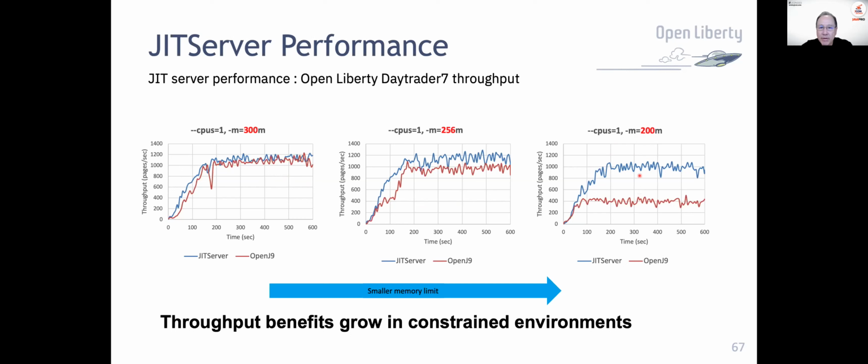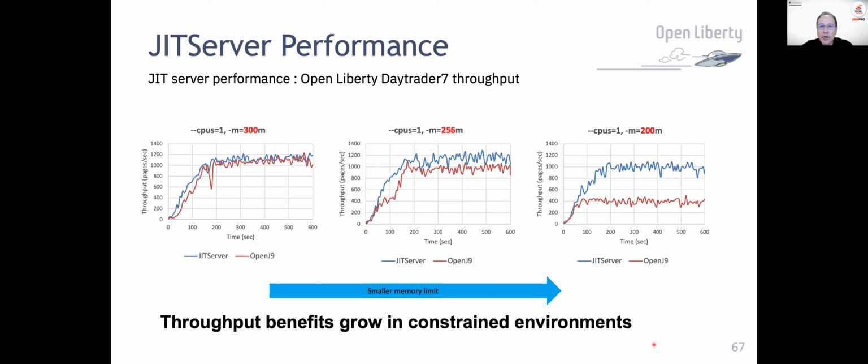So if we look at this chart here at the far right, you can see that the red JVM under normal conditions kind of hit its floor here with CPU throughput, whereas the blue one is acting like it has a lot more resources. And actually this is the case because it's offloaded all its compilations to the JIT server process. So this gets back to sizing containers.